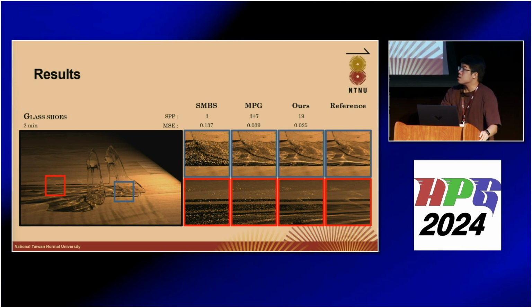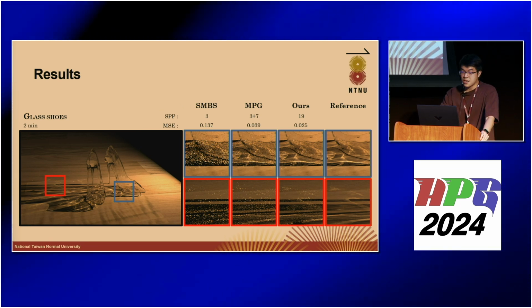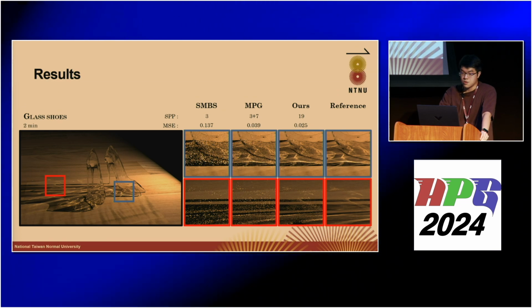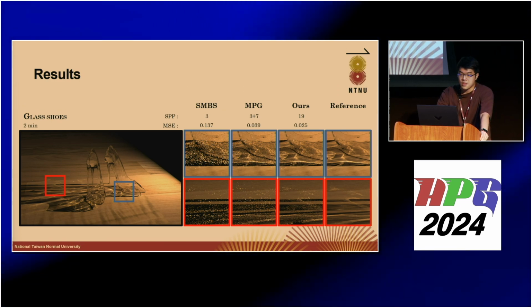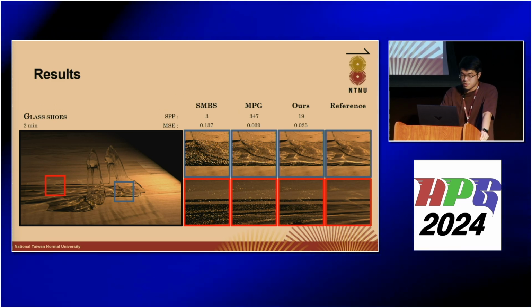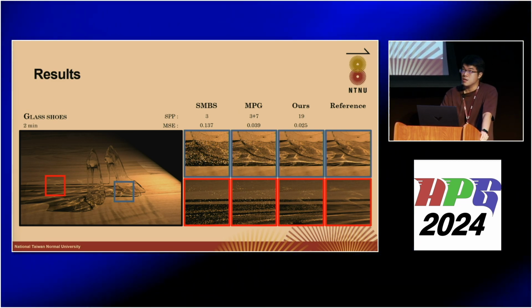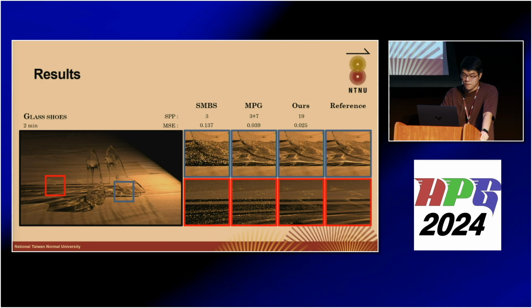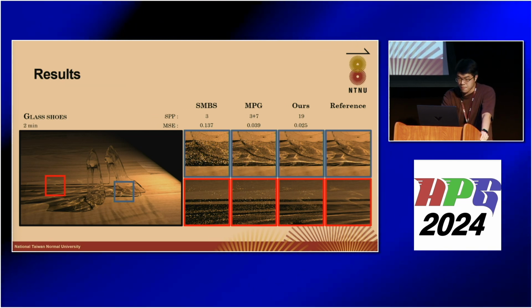Like here with the bisection sampling, they can only achieve 3 samples per pixel within 2 minutes, and our method can still achieve 19 samples per pixel in the scene with a maximum length of 4-bounce caustics.